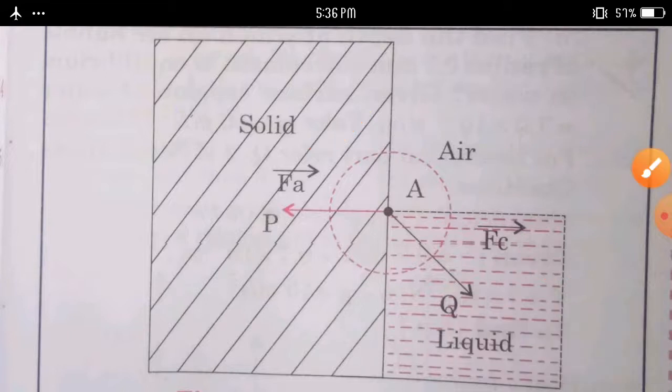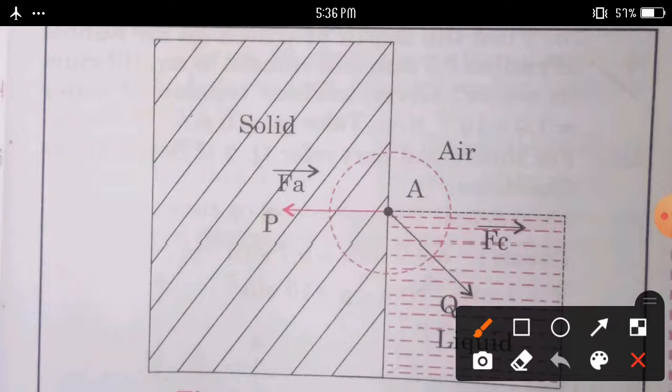At that time the following forces act on molecule A. First force, adhesive force, exerted by the molecules of the solid.